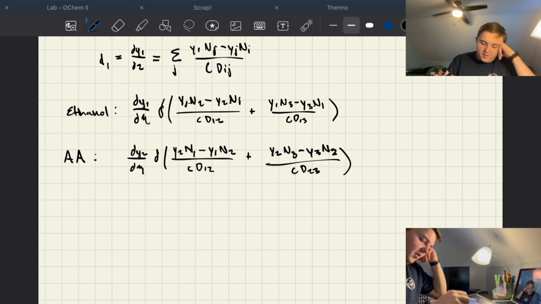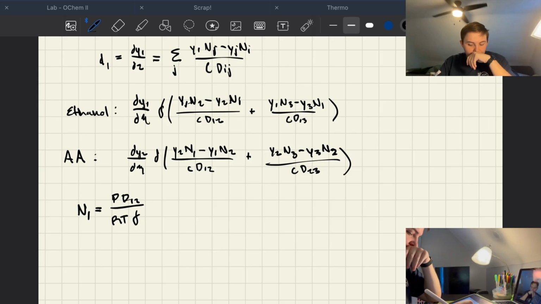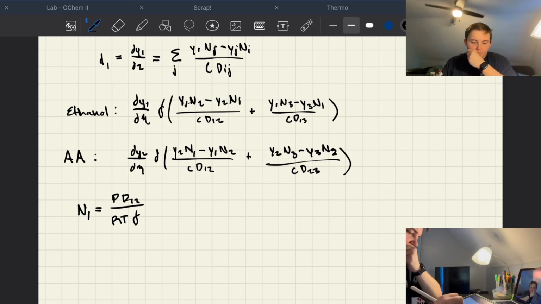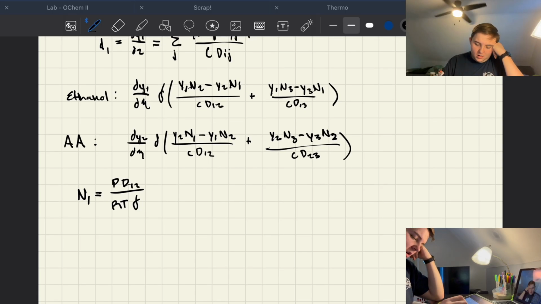So we can start with our N term like I was saying. We're going to have our N1 equal to P D12 over RT, times our film. And before we can start, we have to define our y1, y2, and y3.